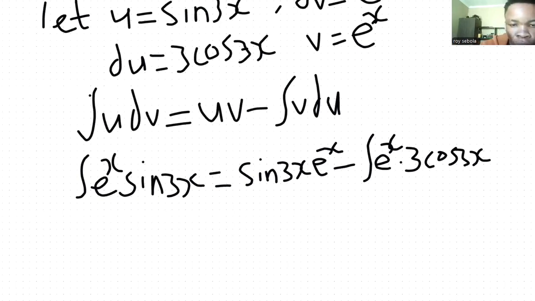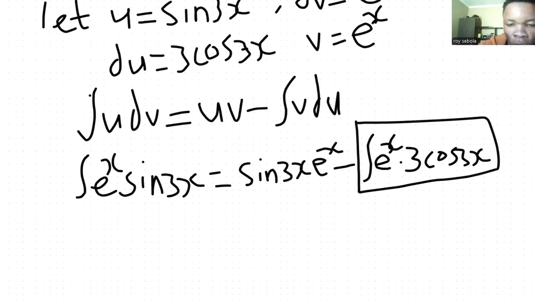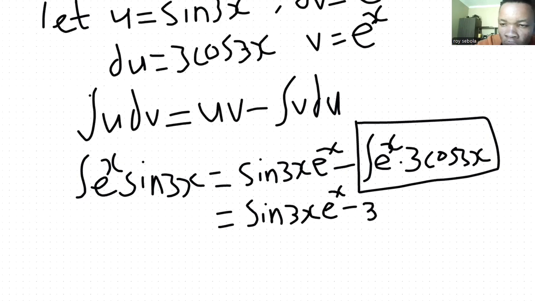So we will have sine 3x e to the x minus 3 times the integral of e to the x cos 3x.